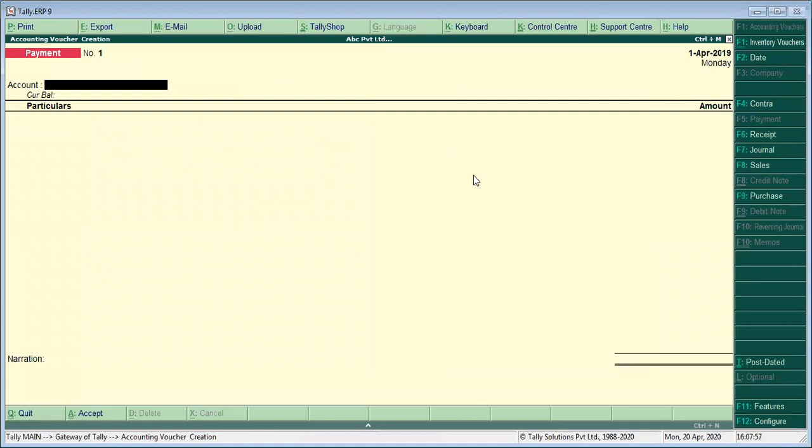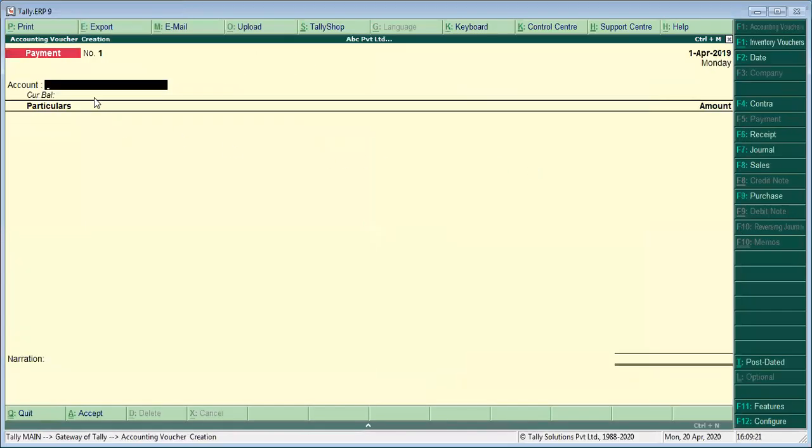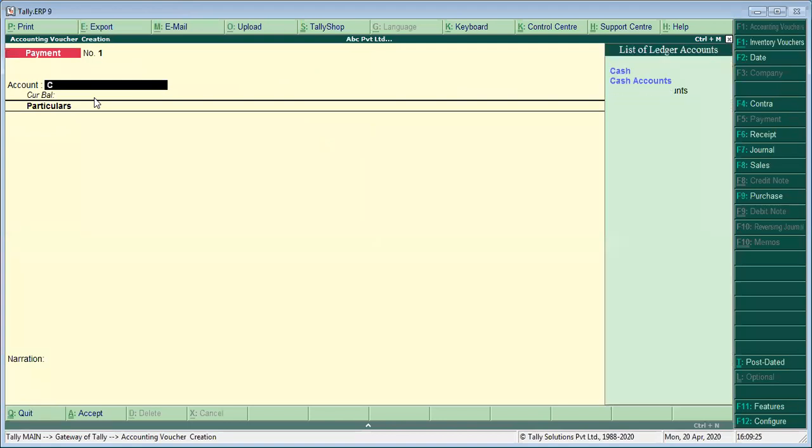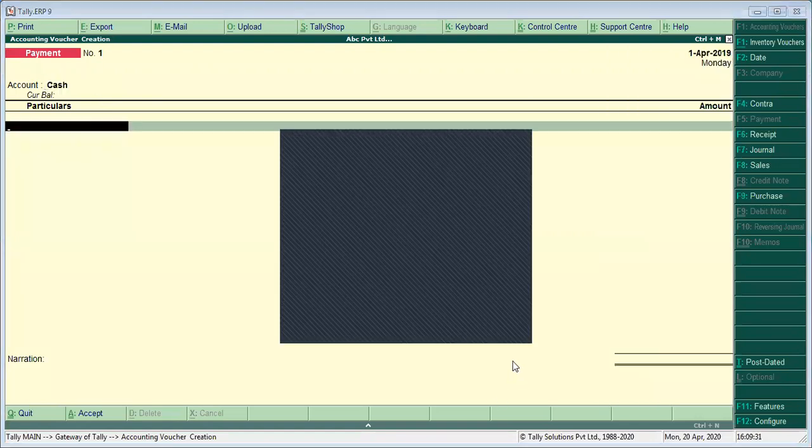It appears like this. So we were supposed to prepare the payment voucher. So what is the type of account? It is the cash account that we are preparing.